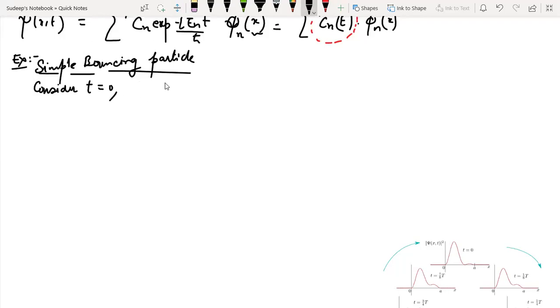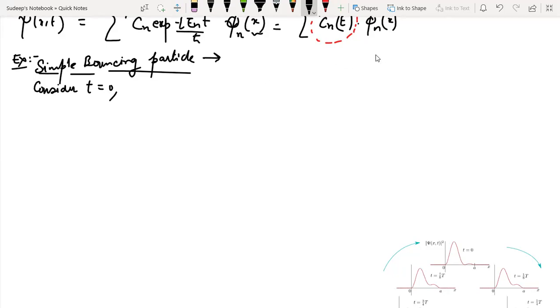Why I'm calling it a simply bouncing particle, I'll come to when I show you this particular graph and why I have chosen it. So the problem is that a particle is bouncing back and forth, and I really want to know how the superposition of energy eigenstates evolves with time.